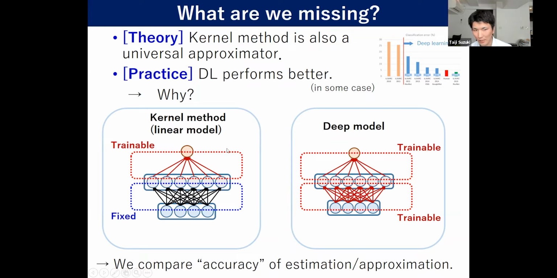We only train the last layer's parameters. So that makes a big difference. From now on, we compare the accuracy of estimation and approximation abilities of kernel and the deep models, and we compare the performance of these methods.